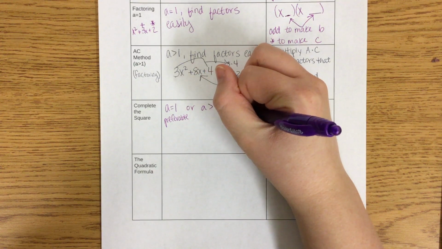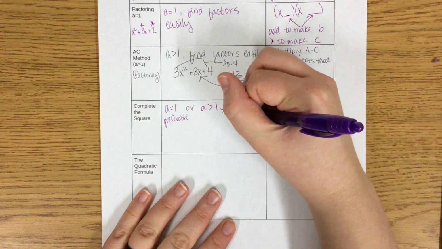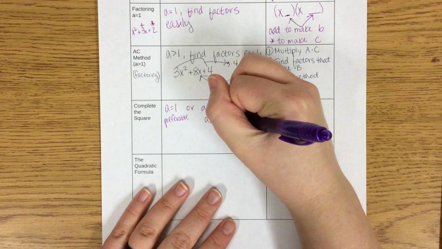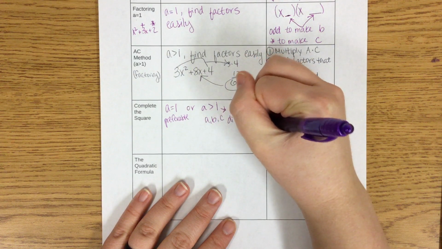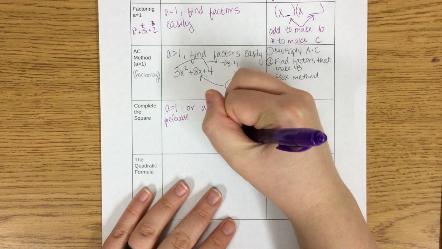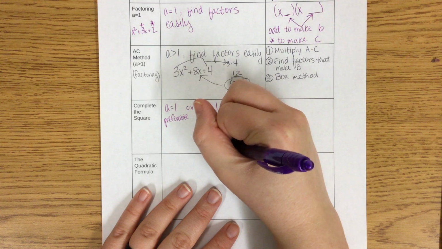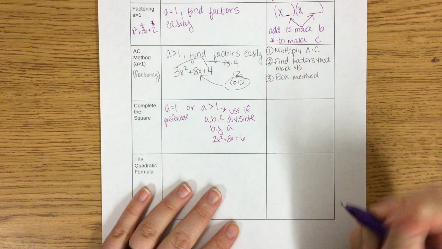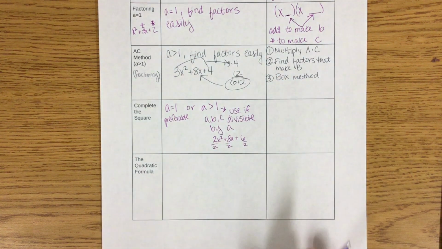If A is not 1, this is still good to use if all the terms, so A, B, and C, are all divisible by your A term. Okay. So for example, if I had 2x squared plus 8x plus 6, all of those are easily divisible by 2, and I won't have to deal with any fractions.